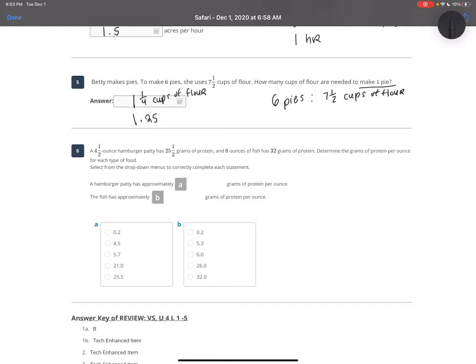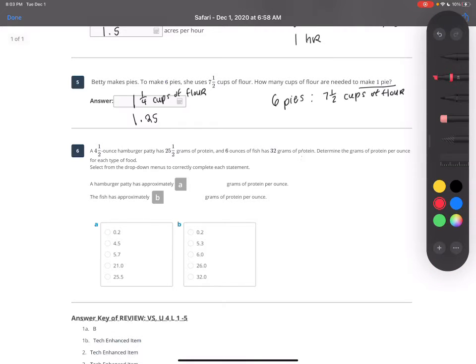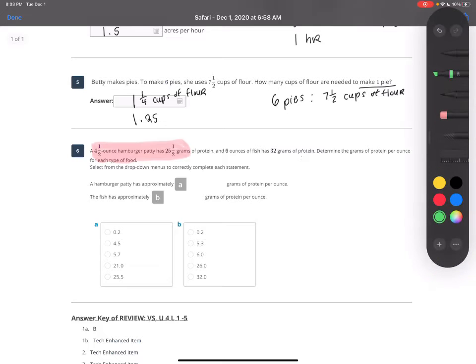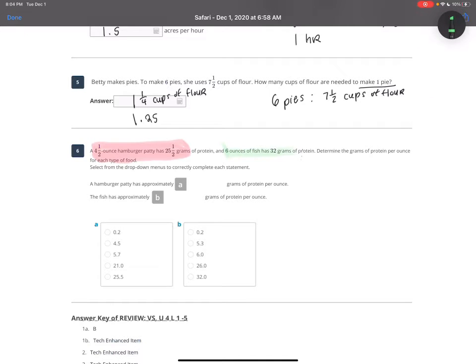All right. So in this question, I see two ratios, which I'll be highlighting in red for the hamburger patty. And I'll be doing green for the 6 ounces of fish and the 32 grams of protein.